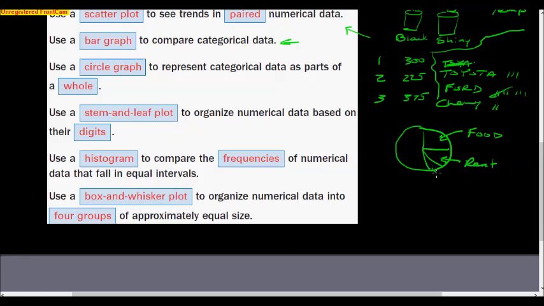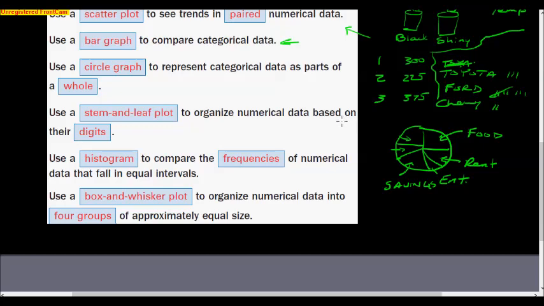This percent right down here goes for entertainment. Okay, this percent we want to put some away into savings. Okay, and this percent is something else, and this percent is something else. So a circle graph, or a lot of people like to call it a pie graph, will be when you're breaking a whole into parts.